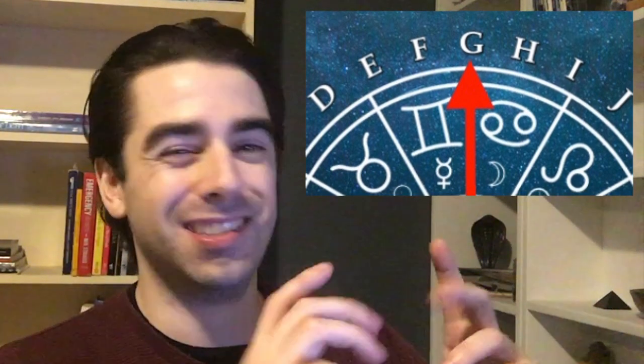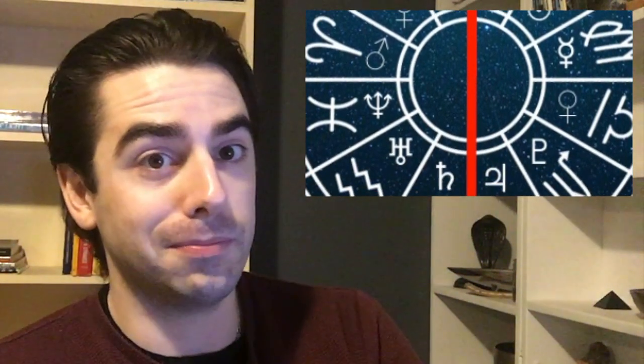So the easiest ones to do, which we're starting off with, is the two letters that are actually right on cusps. And the only ones when you do the chart in this way happen to be the T and the G. And that's the vertical axis we see between Gemini and Cancer at the top, and then Sagittarius and Capricorn at the bottom.